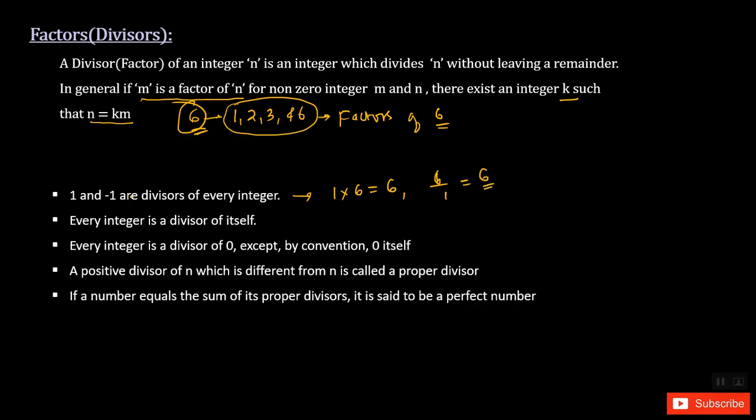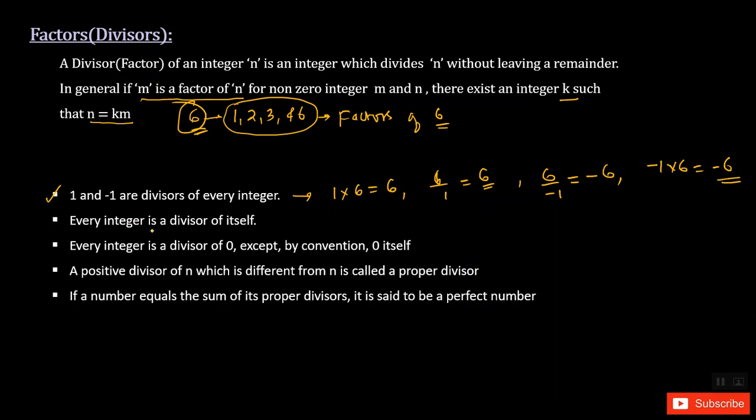But whenever you multiply or divide the number by a negative, the sign of that number gets changed. So 6 by -1, this time your result is going to be -6, or -1 times 6, again the result is -6. If you are multiplying by 1, the result doesn't change, but if you are multiplying by -1, the result becomes negative. Okay, this is the point.